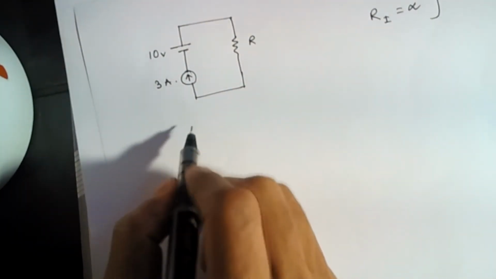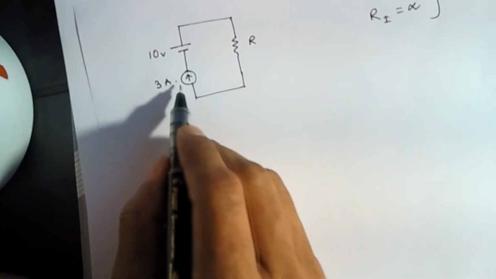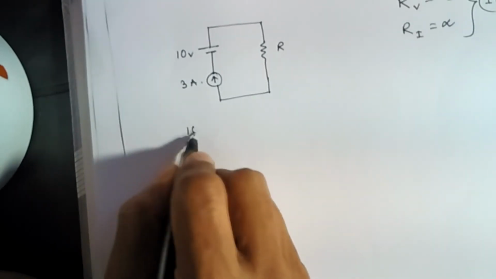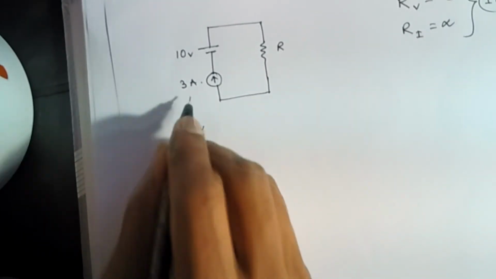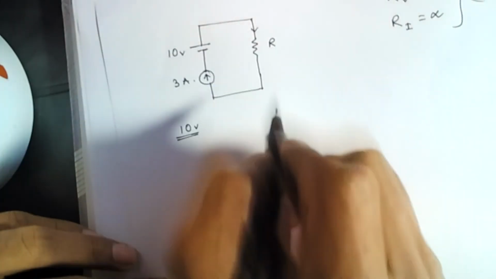So how much current will flow through this way? The equivalent circuit, if we consider only the 10 volt: what will be the current through this resistor?